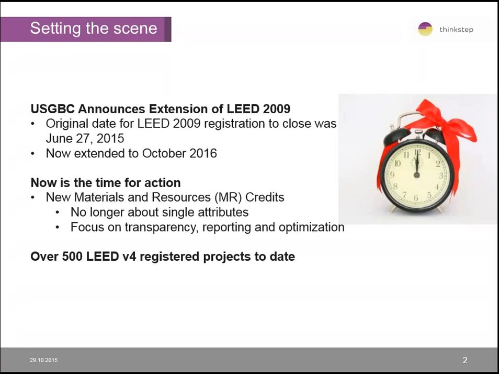Whereas before we had credits focusing on things like recycled content and regionality, we now have credits that are looking at products through a more holistic lens and focusing on disciplines like life cycle assessment and environmental product declarations, focusing on the sourcing of raw materials and supply chain sustainability of products, and also focusing on the substance and then associated hazard and optimization from a health perspective of those products as well. So today we're focusing on that third aspect.